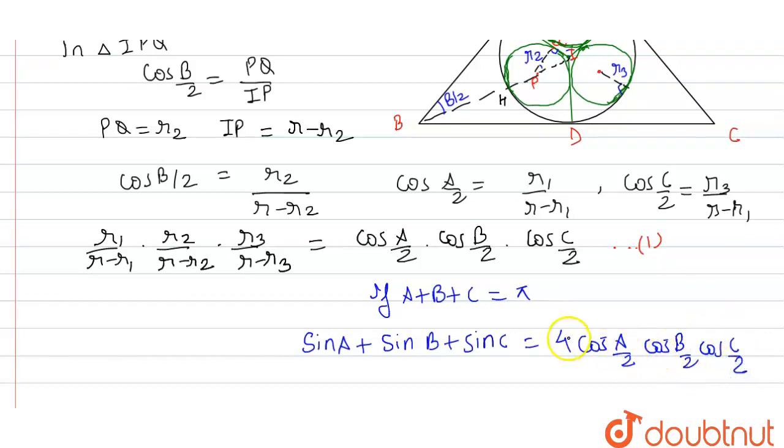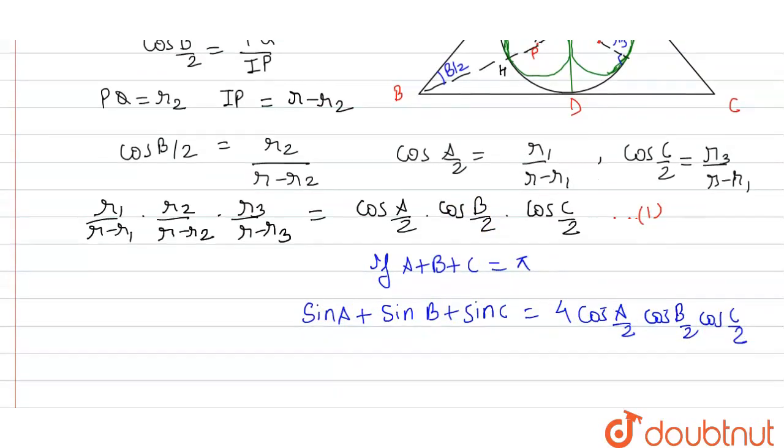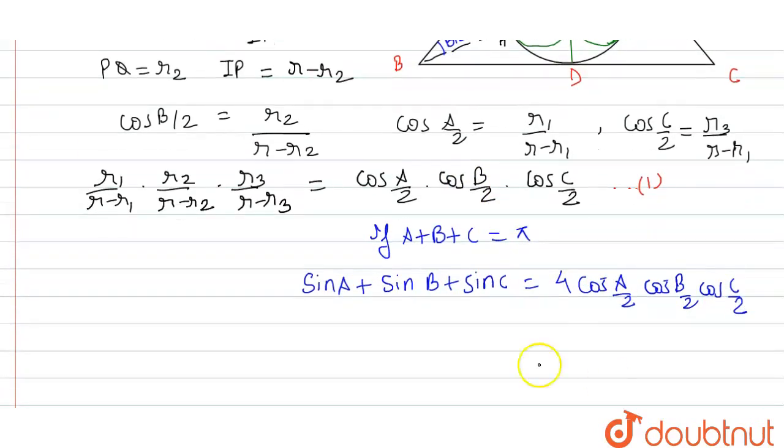So we can put the value 1 by 4 into sine a plus sine b plus sine c in equation 1. When we put these values, it becomes 1 by 4 into sine a plus sine b plus sine c.